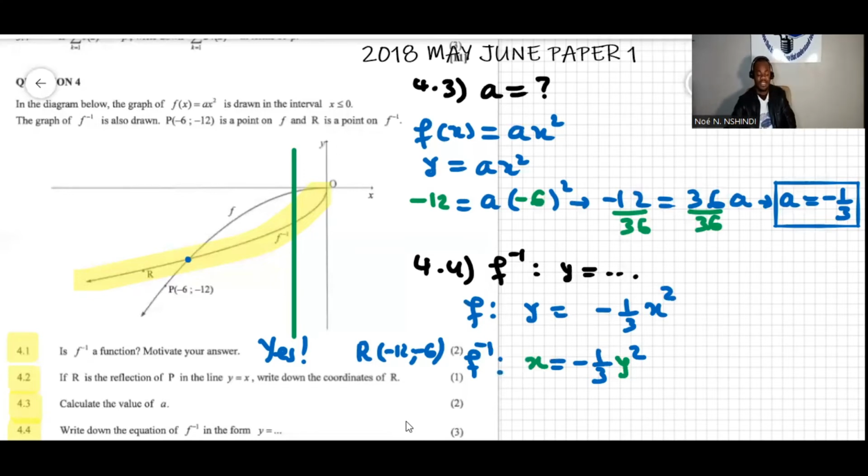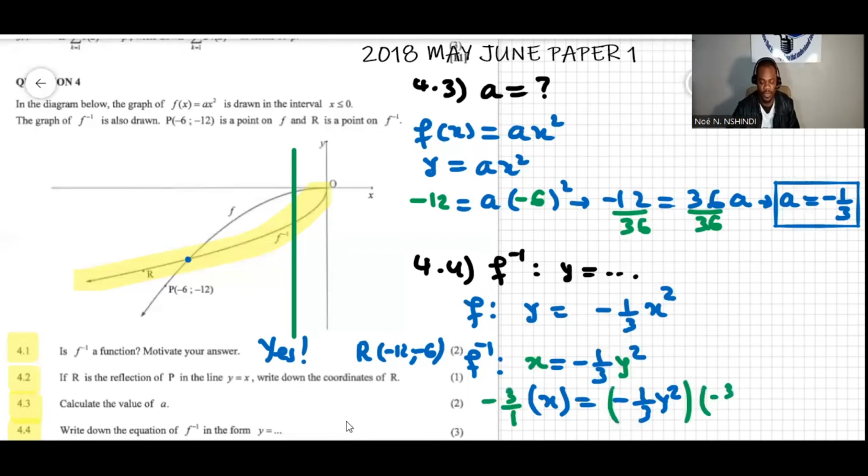I want to times the whole equation by the inverse of -1/3, which will be -3/1, and that times here also by -3/1.